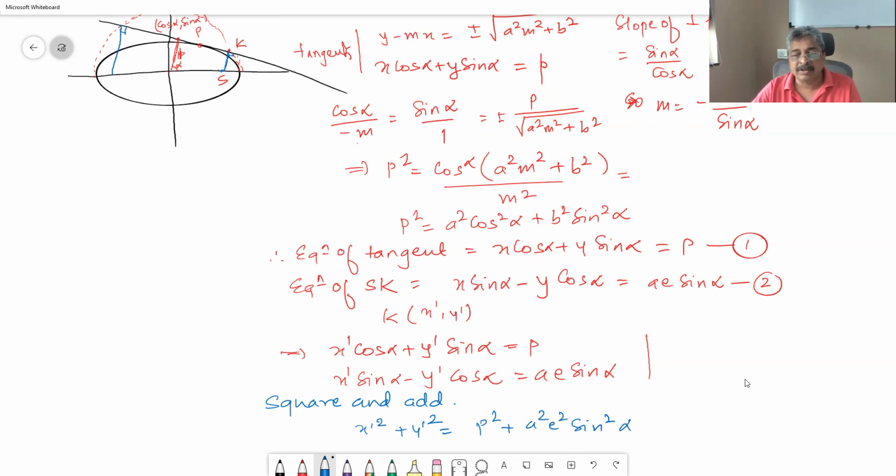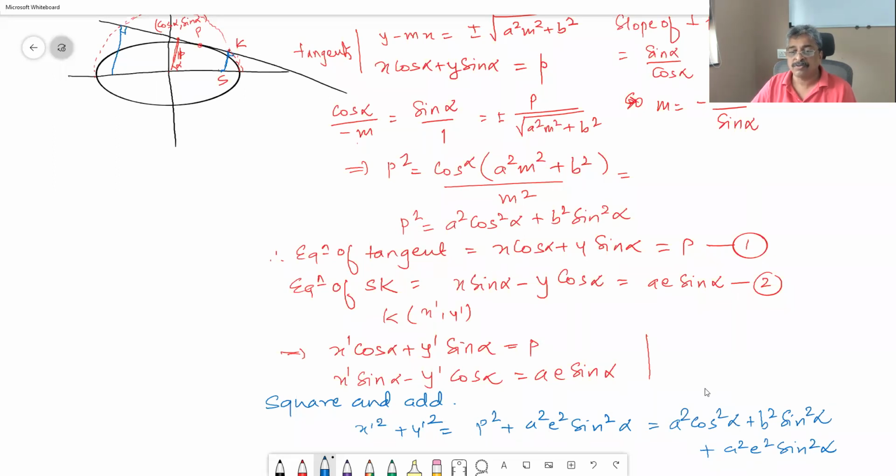But we had calculated p square, which is equal to a square cos square alpha plus b square sine square alpha, plus a square e square sine square alpha.